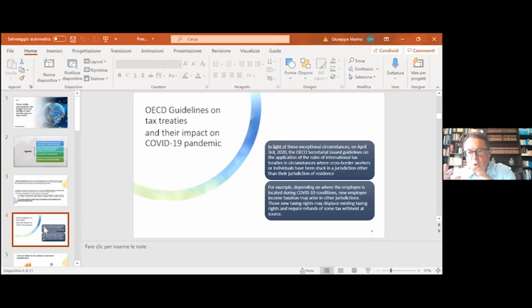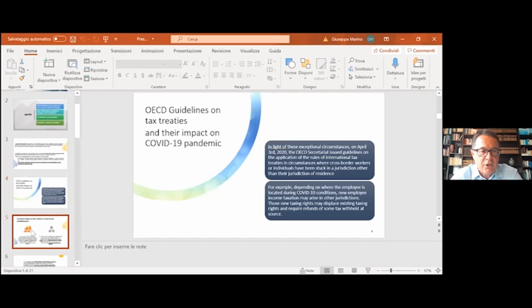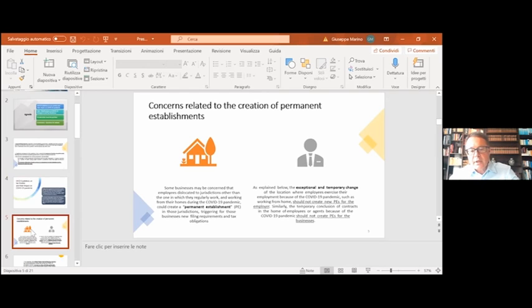Because of the remote working, there's going to be the possibility to have a permanent establishment in a country. And the OECD said that we should avoid that danger, because having a permanent establishment because of the presence of managers and employees in lockdown in a territory other than the territory where they were allocated could have an impact in terms of business income determined in that country.